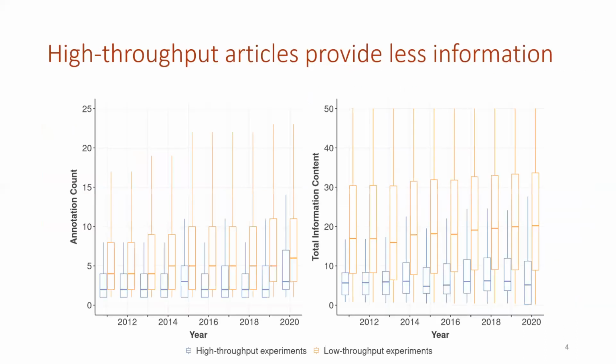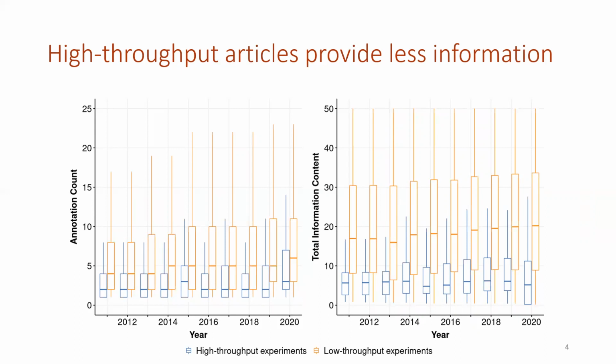This is a box plot showing median and interquartile range, and the outliers are not displayed here. You can see that the proteins from high throughput experiments, the blue boxes, have low annotation count on the left and total information content on the right.